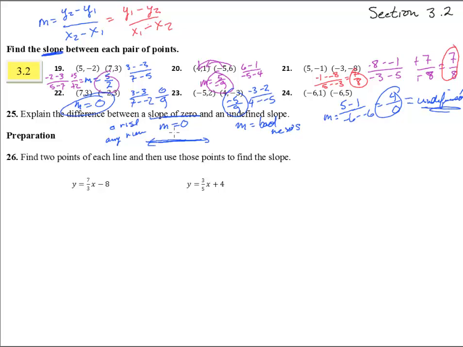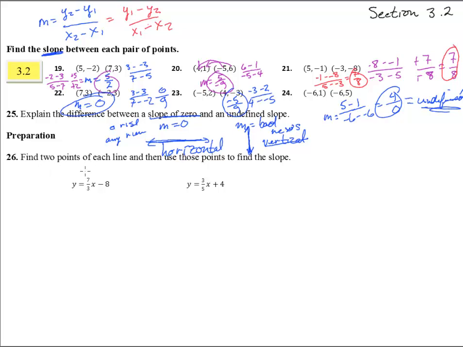It's a big 0. Think about a skier on this slope. This one says you don't have any run. So that means the line can't go up at an angle at all. It goes straight up and down, just like this. So this guy is vertical, and this guy is horizontal. A slope of 0 is horizontal, and a slope undefined is vertical.